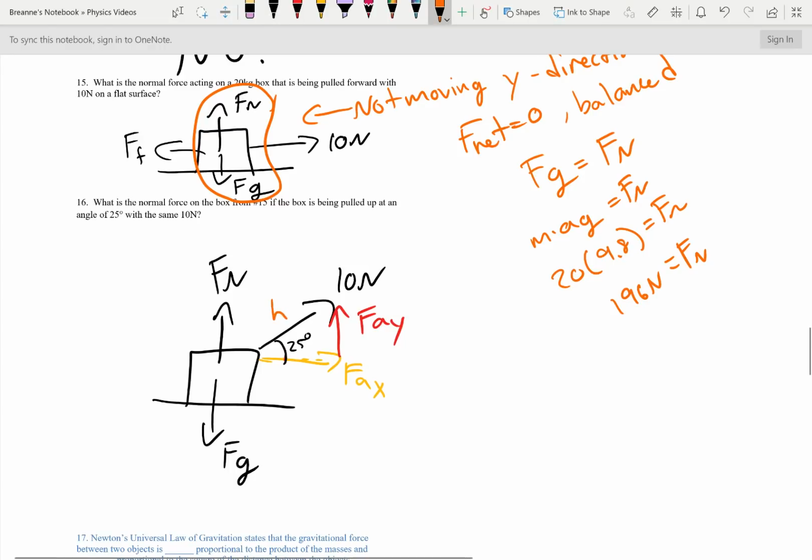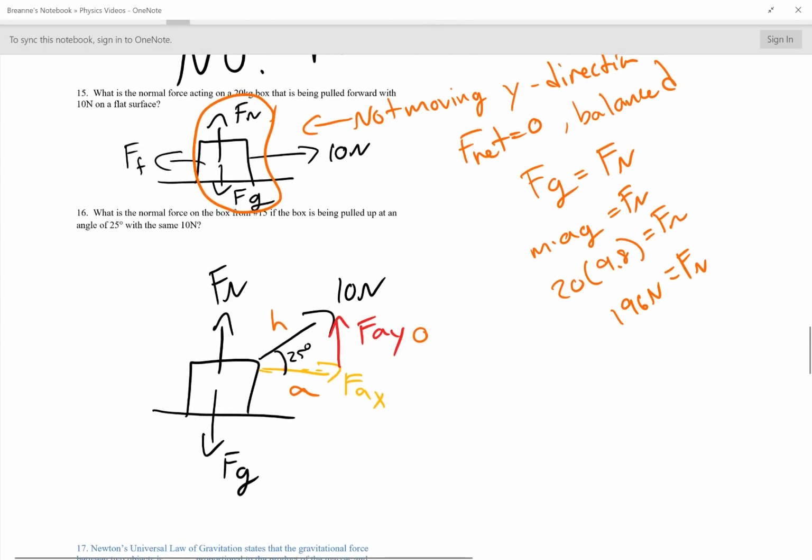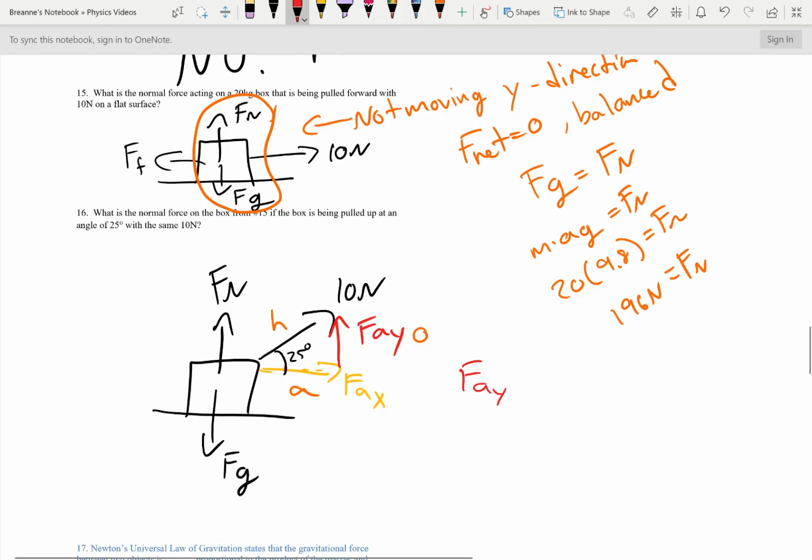So that's our hypotenuse, this would be our opposite, and this would be our adjacent. If we're doing our force applied in the y, we would end up using sine. Sine theta equals opposite over hypotenuse.